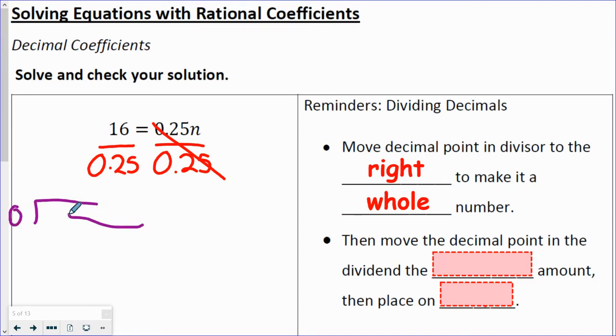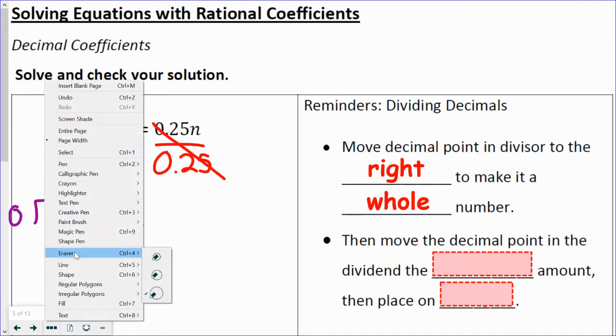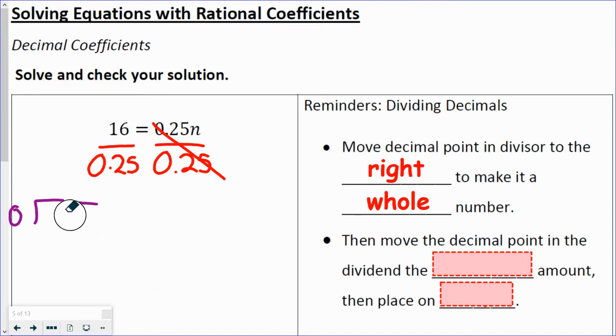What is going on with our smartboard today? Let's write my number first. And then what's on top of the fraction bar goes inside. So this is where things get different.